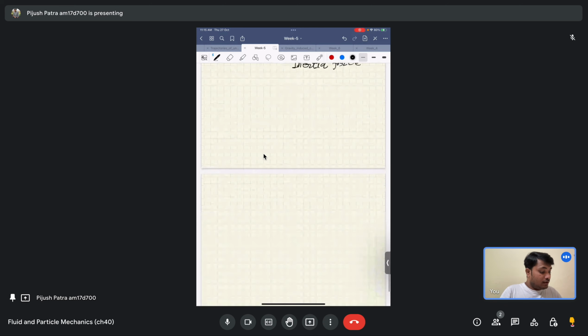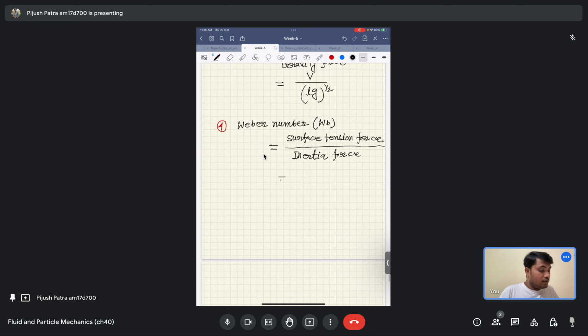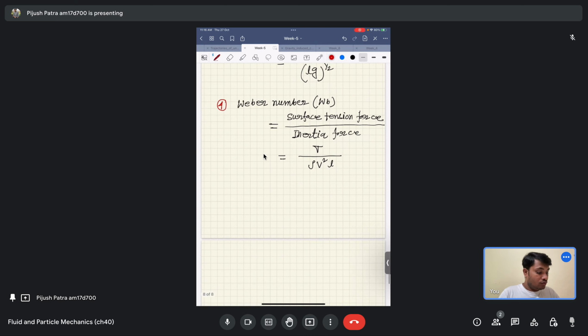In terms of symbols, it is sigma by rho V square L, where sigma is the surface tension, and rho, V, L you already know.